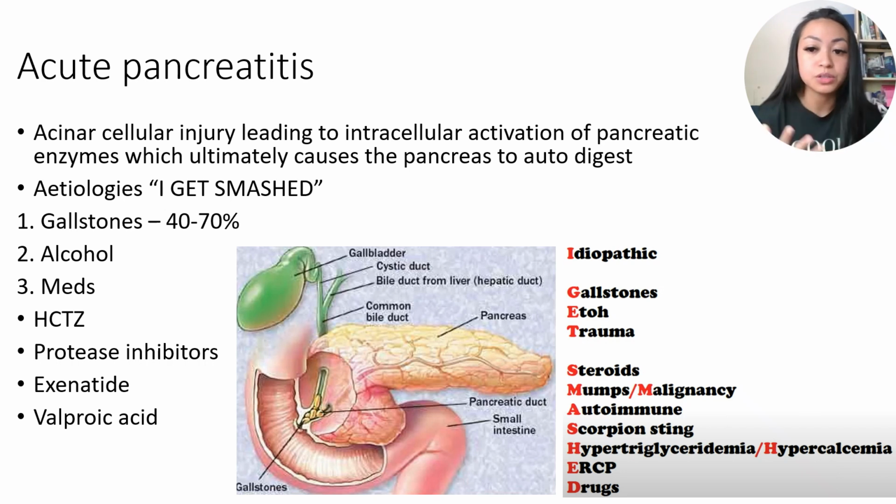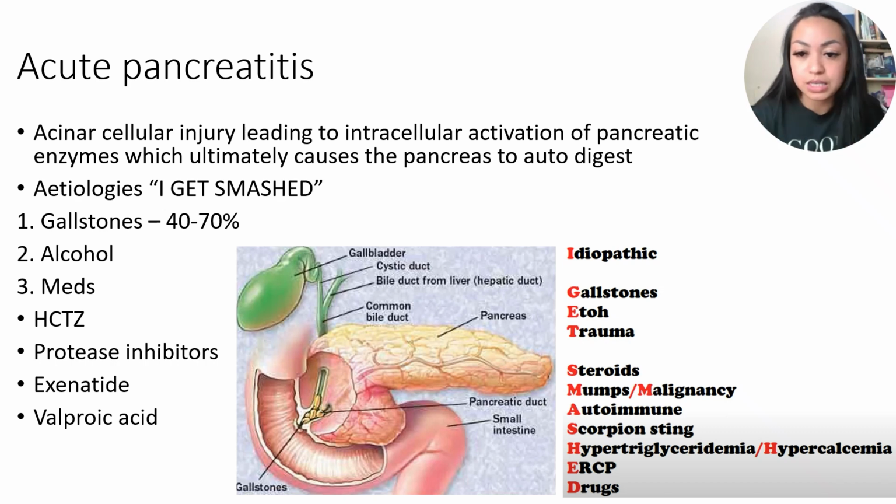In terms of etiologies, quite a lot can cause acute pancreatitis, but the only one you really need to know for the exams and in real life is gallstones. Gallstones cause 4 to 7% of acute pancreatitis cases.